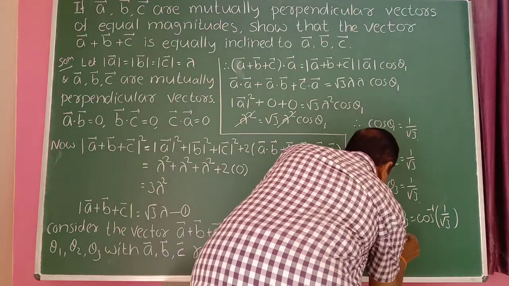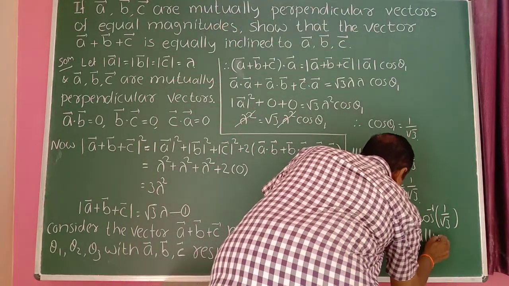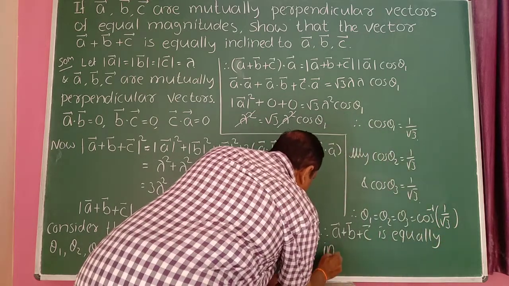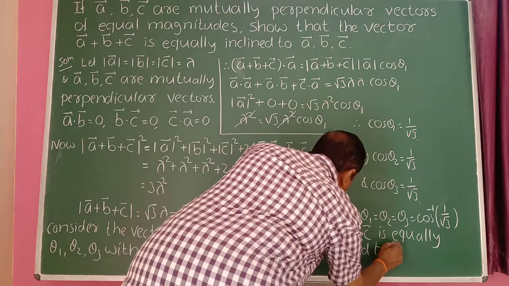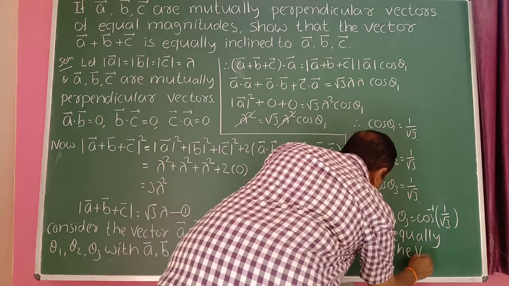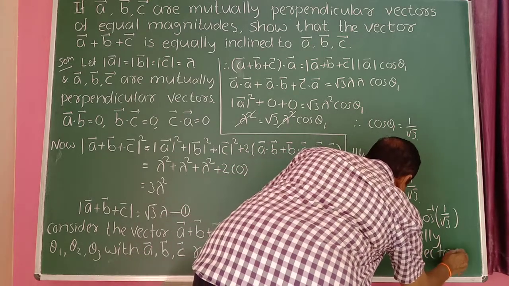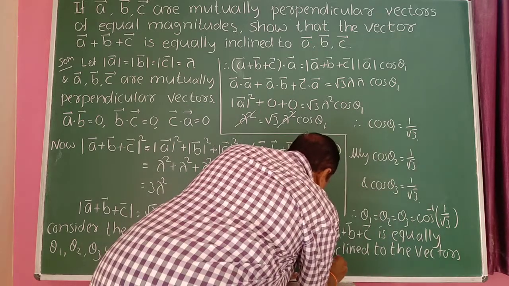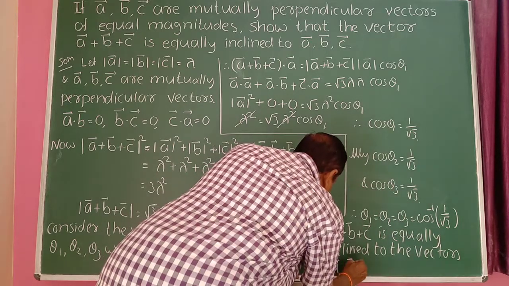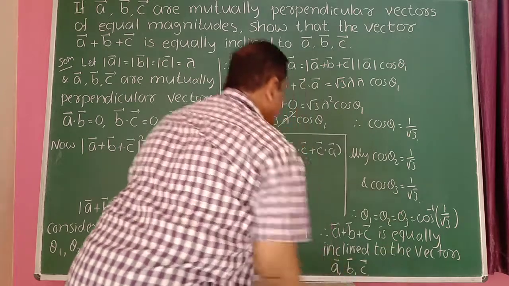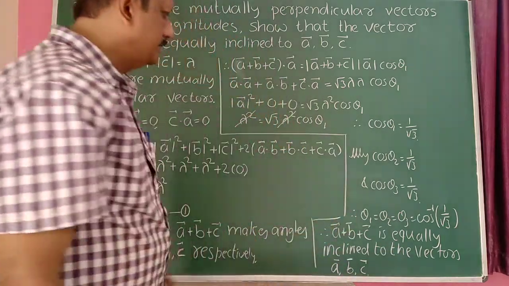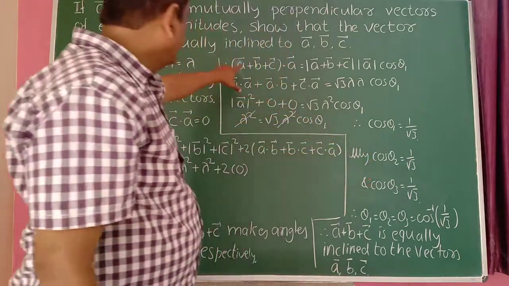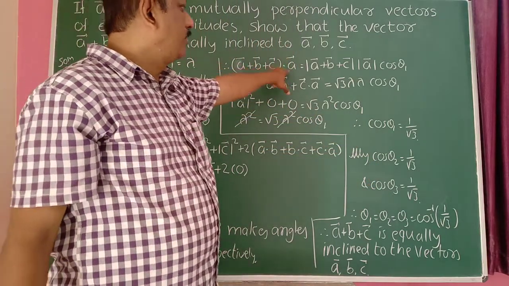Therefore, A bar plus B bar plus C bar is equally inclined to the vectors A bar, B bar and C bar. Okay, so this is the solution. In this case, for cos theta 2, take A bar plus B bar plus C bar dot B bar.